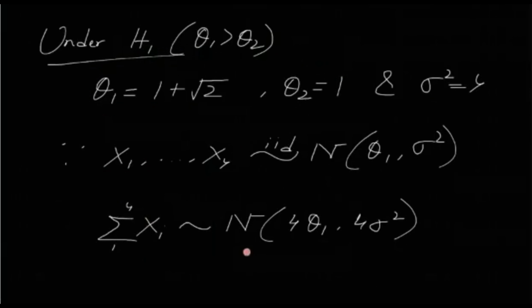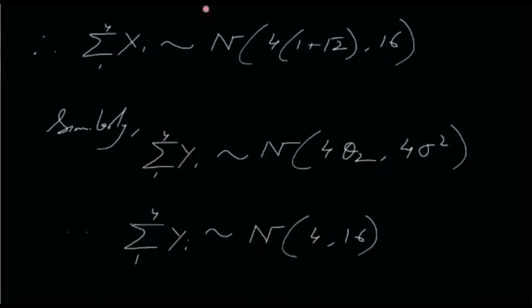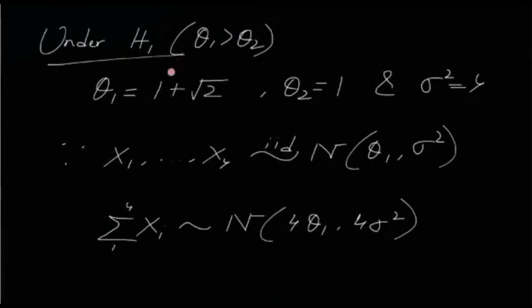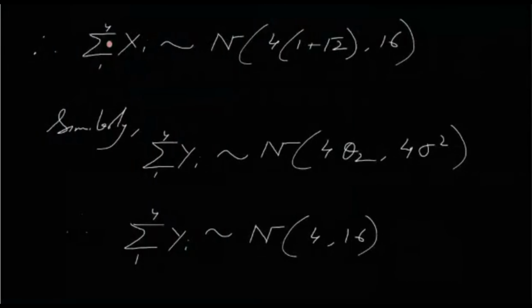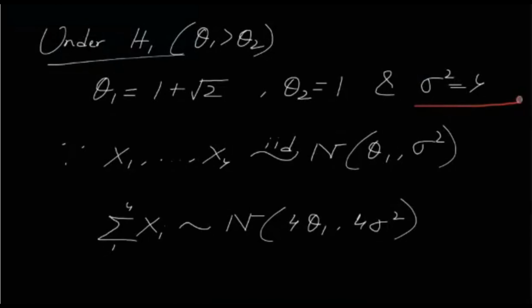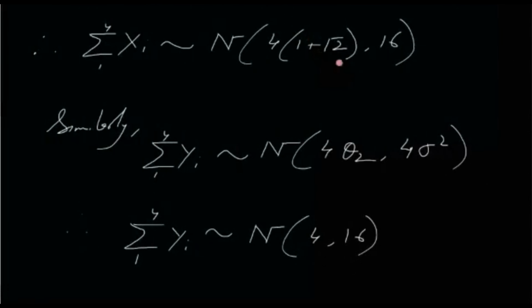Therefore summation xi follows normal 4 theta 1 comma 4 sigma square, since they are IID. Now theta 1 is 1 plus root 2 in this particular assumption, so summation xi follows normal 4 into 1 plus root 2 comma 16, because sigma square is given to be 4, so 16.